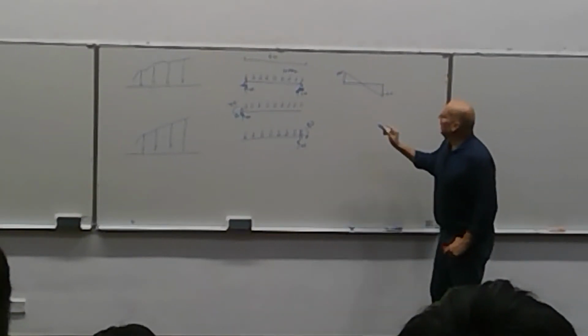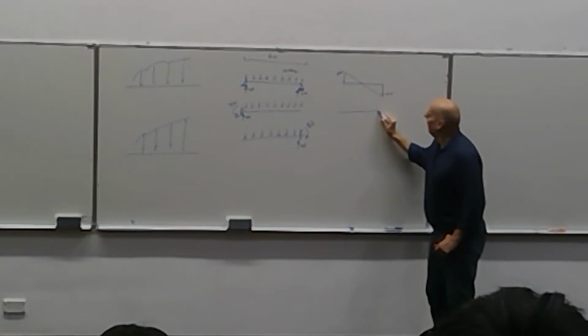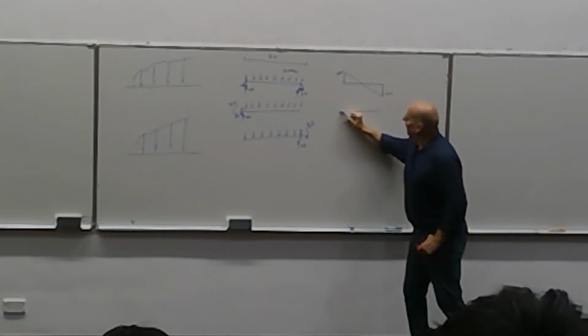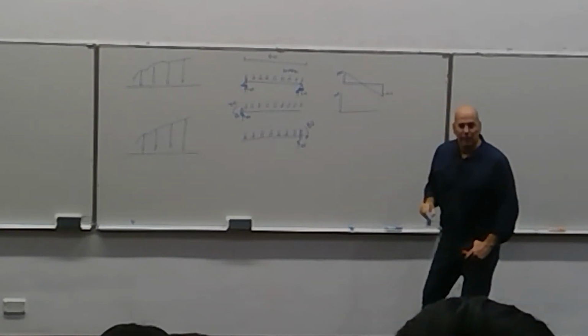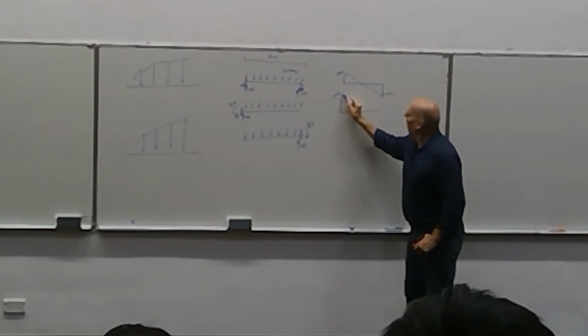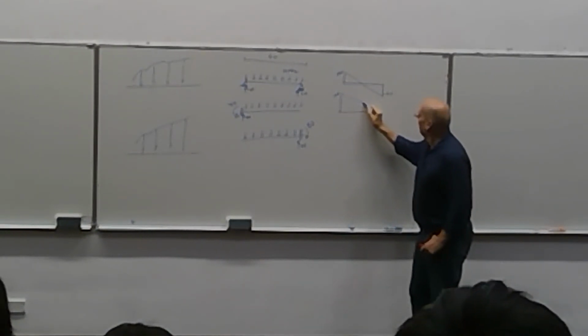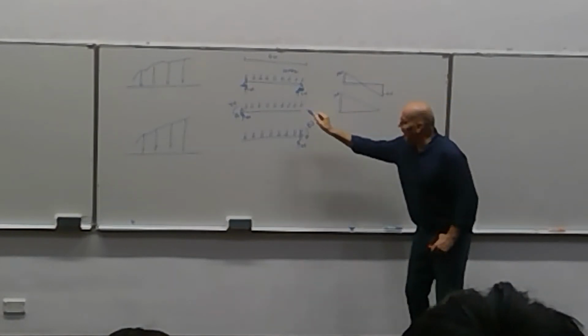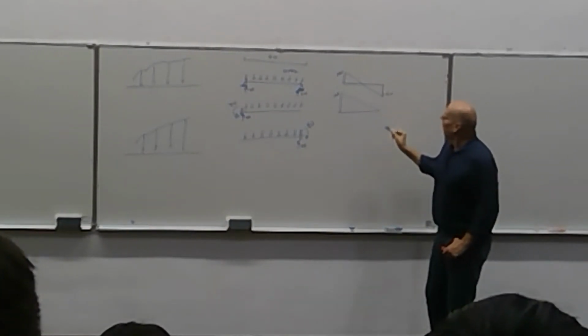In this case, for example, we go up by 40, we go to plus 40, and then we get this load pushing us down. After 4 meters, we end up at 0.